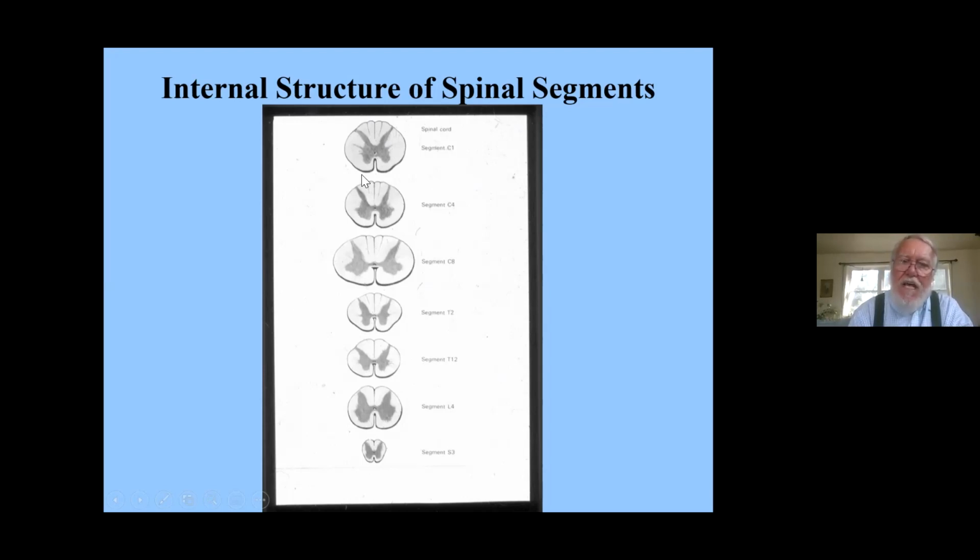And then you have an anterior medial septum right here. And then in the cervical level, but also in the upper thoracic level, in addition to a dorsomedial septum, we have two dorsolateral septi.